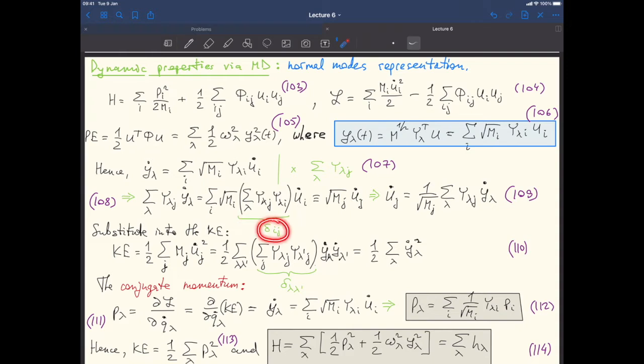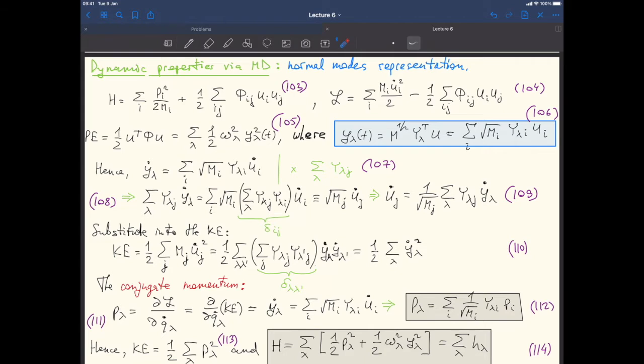So this will be equal to the Kronecker symbol delta_ij. And therefore, from here we can work out the velocities of our degrees of freedom j via the sum over all normal modes. So this is simply a solution of that equation with respect to these velocities.